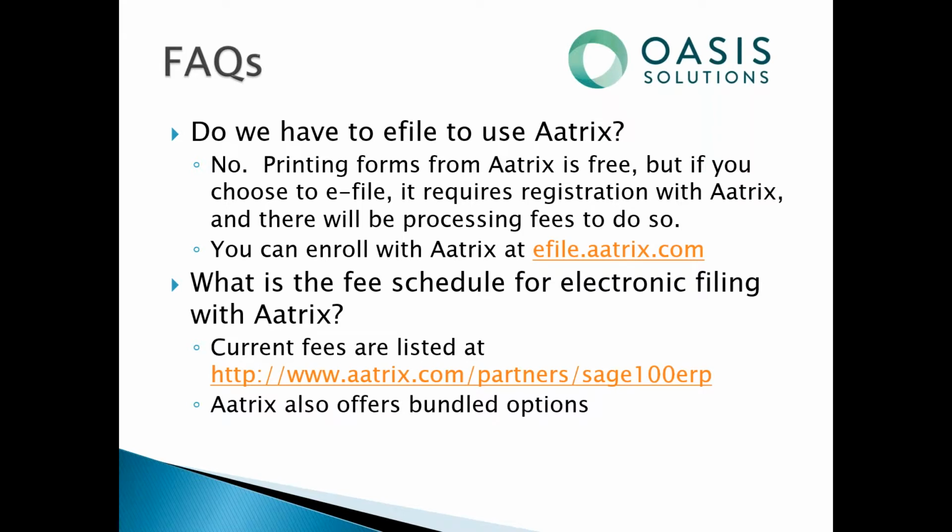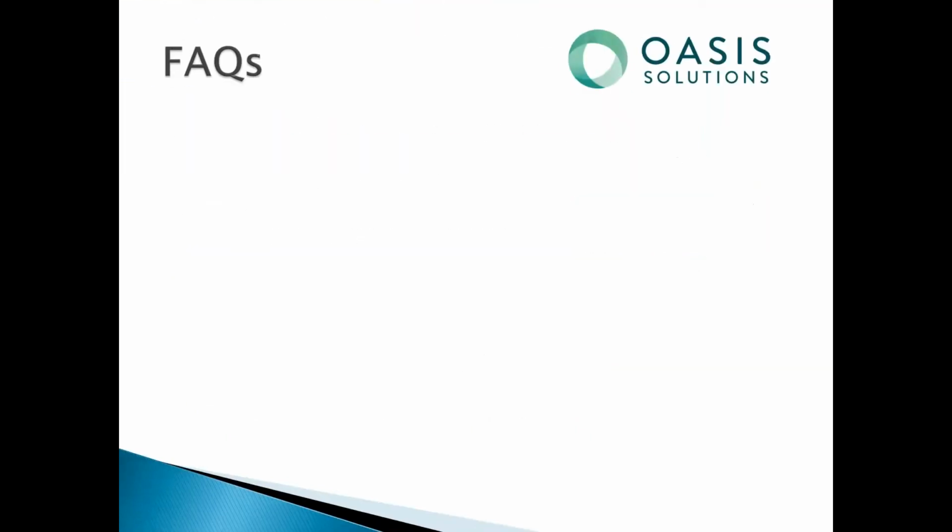The other thing that I want to mention is that the basic fees are based on a per 1099 basis. They also offer bundled options, which would be cheaper. And the other thing that I wanted to mention is a lot of our clients now are having Atrix do everything.